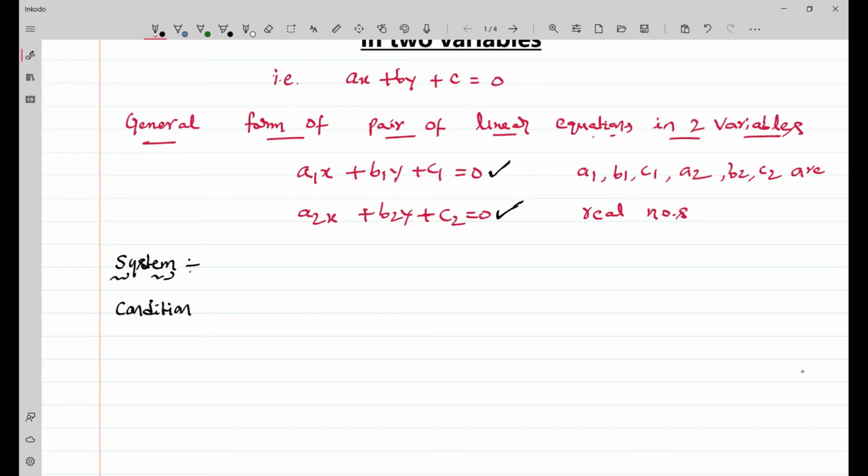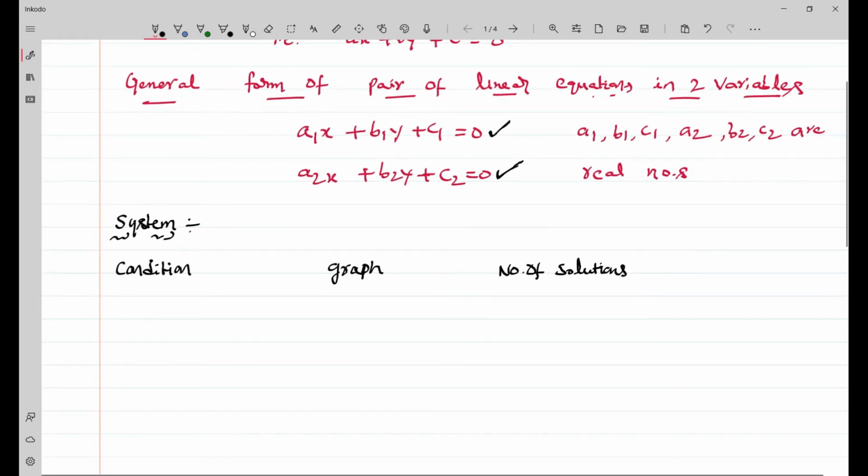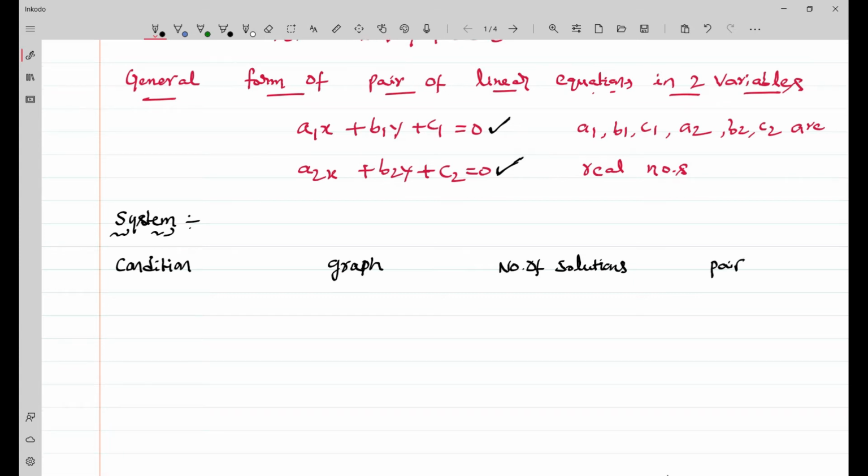In the second column I am going to write about their graph. In the third column I am going to write the number of solutions. In the fourth column I am going to write what kind of pair it is. Let's see.